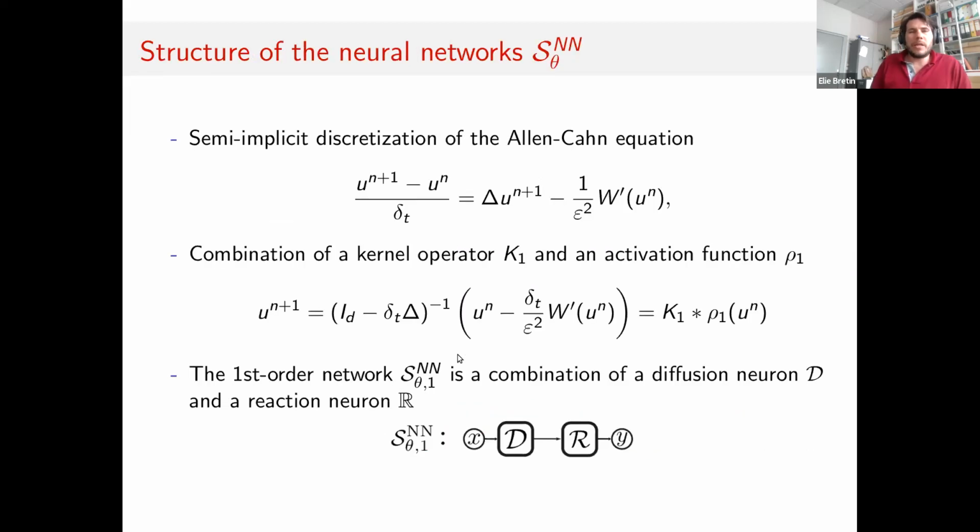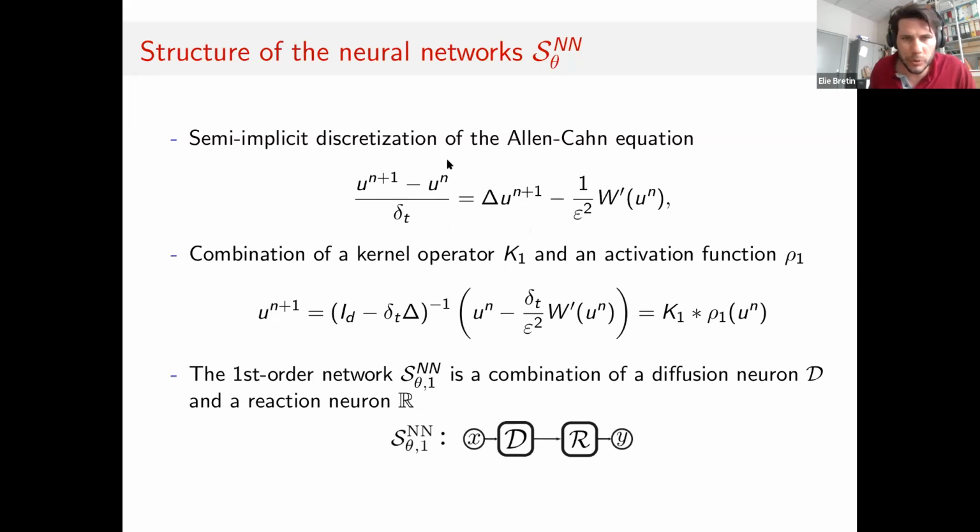Okay, so now I just want to specify the structure of the neural network. I recall that finally the semigroup SQ in the oriented case can be approximated by a scheme which derives from the discretization of the Allen-Cahn equation.